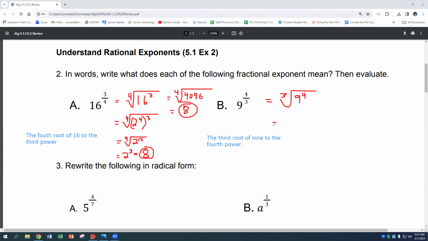I can change 9 into 3 squared. That's not a perfect cube though, but that's okay. 3 squared to the fourth is going to give us 3 to the eighth, which we can split up into 3 to the sixth.